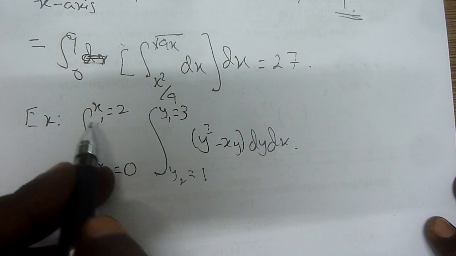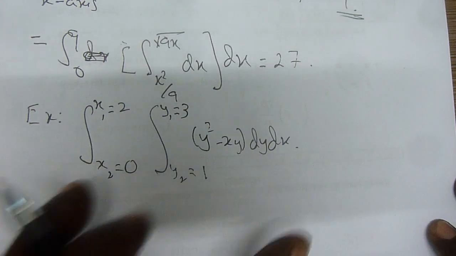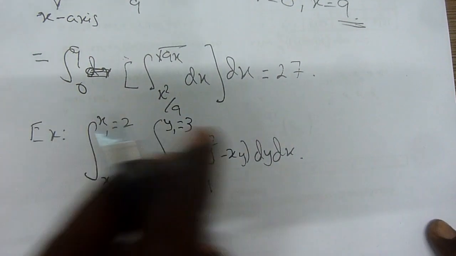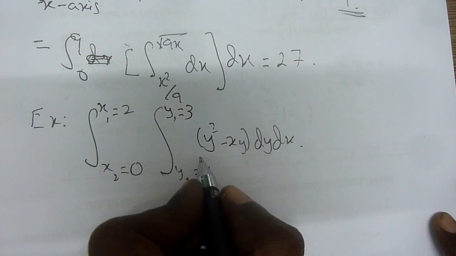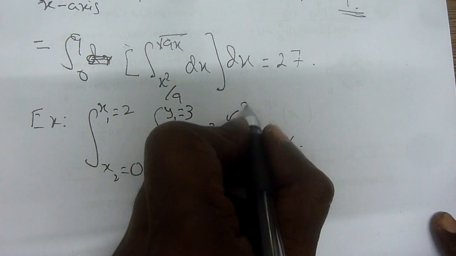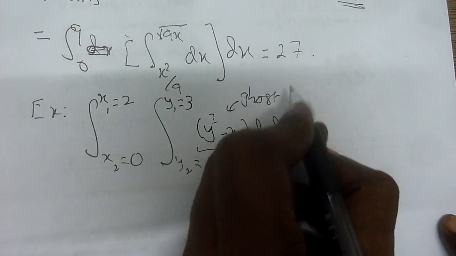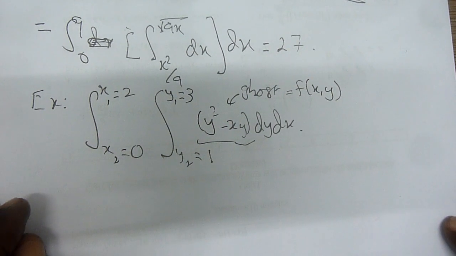First you need to understand what this is. If I ask you to sketch this, you should be able to say, sir, there is a ghost here. This is the ghost. We call it fxy. The ghost exists there.